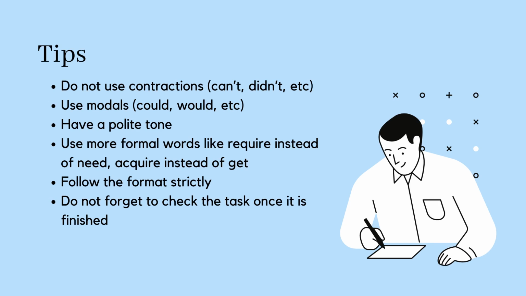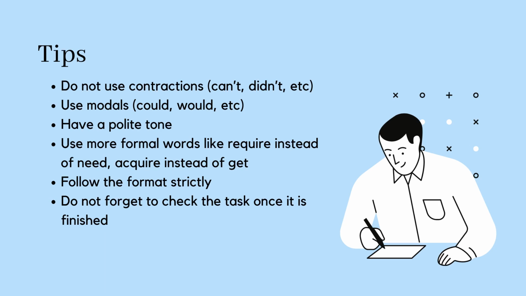When you use modals, your speech sounds more formal. After that, have a polite tone, that is, do not use slang vocabulary while you are writing the formal letter. Then, use more formal words like require instead of need, acquire instead of get, and so on.